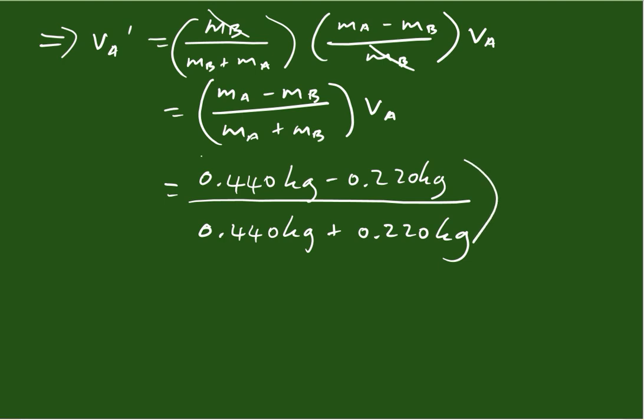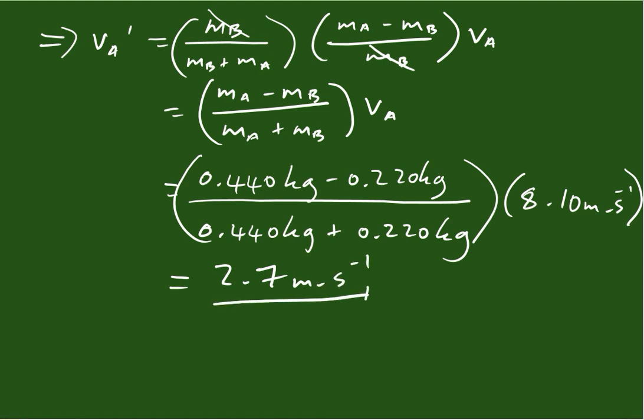And then VA was 8.10 meters per second. And if we plug this into the calculator, we get 2.7 meters per second. So we know our units are right, because these kilograms will all cancel. So this is what the velocity of the first ball is after it collides.